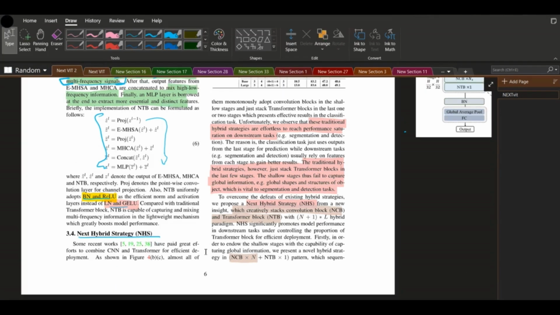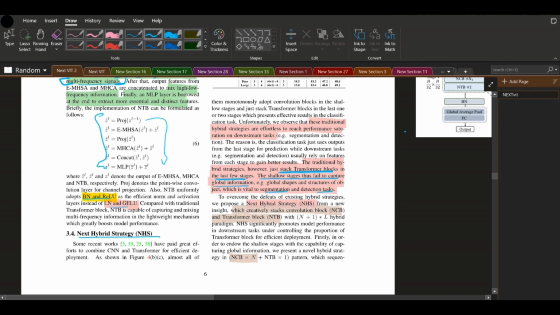So the motivation behind the next hybrid strategy was that the authors realized that some of the hybrid strategies just stack the transformer block in the last few stages, right? Therefore, the shallow stages fail to capture global information, and the ability to capture global information in the shallow stages is quite important for tasks such as segmentation and detection.